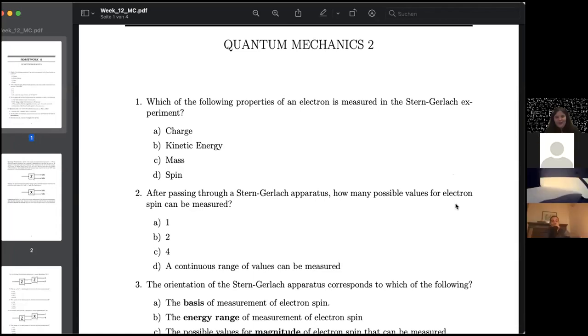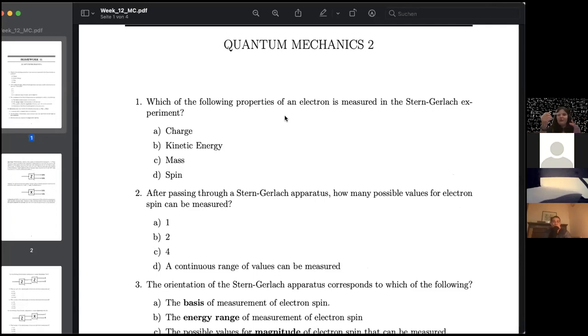The Stern-Gerlach experiment was the experiment where these two physicists discovered that there is something like spin, and that it's not a continuous spin, but that it's discrete.